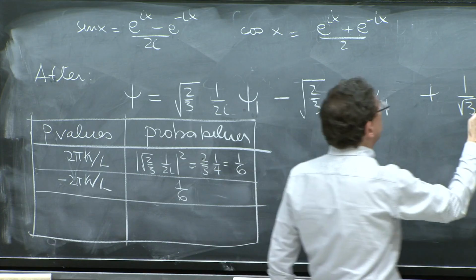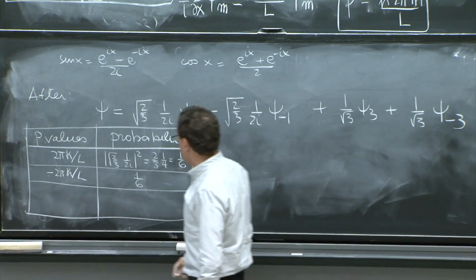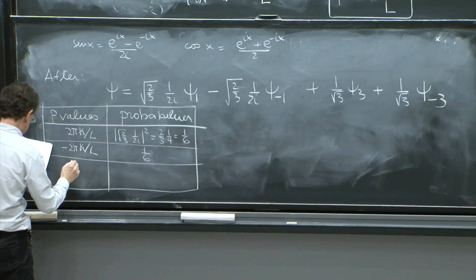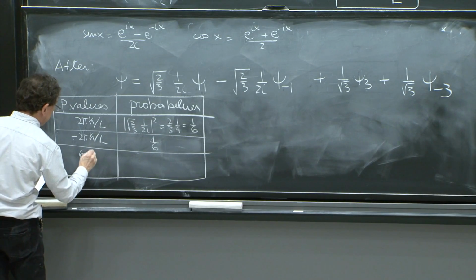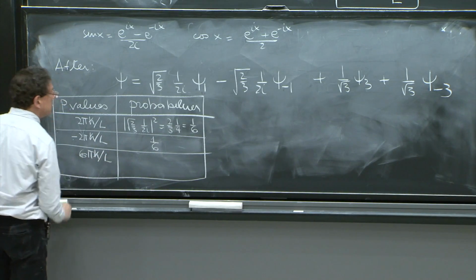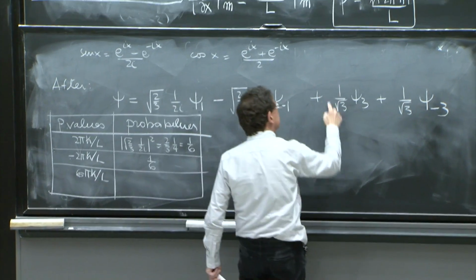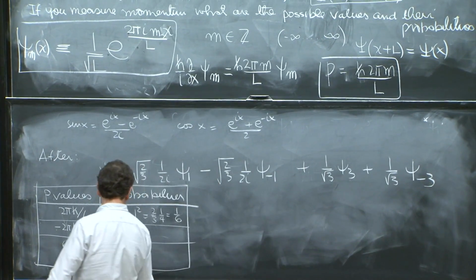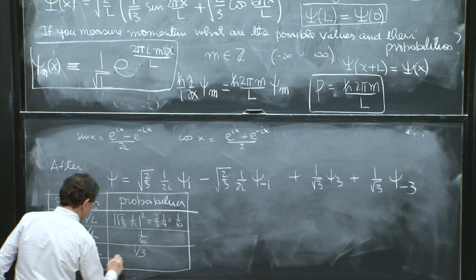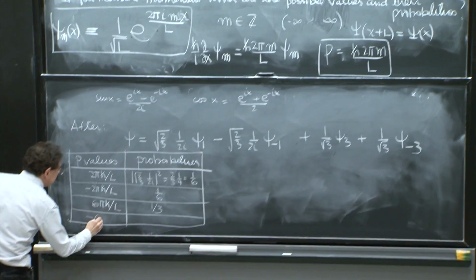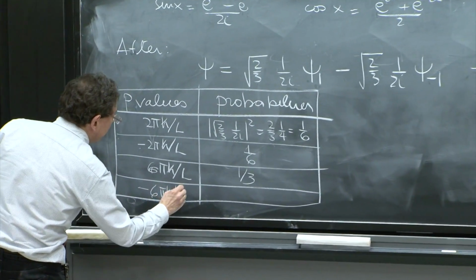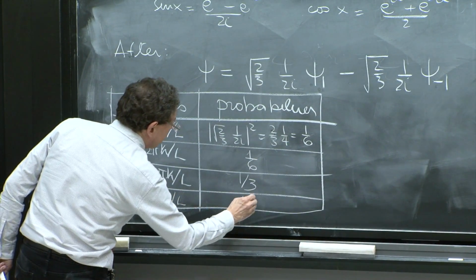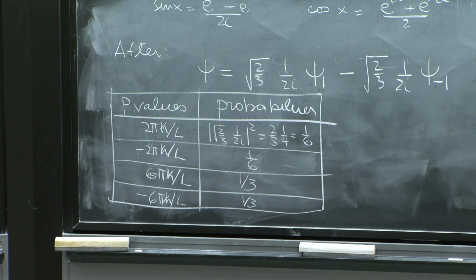The next one is with 3, so you can get 6 pi h bar over L with probability the square of this, 1/3. And minus 6 pi h bar over L with probability 1/3. Happily, our probabilities add up.